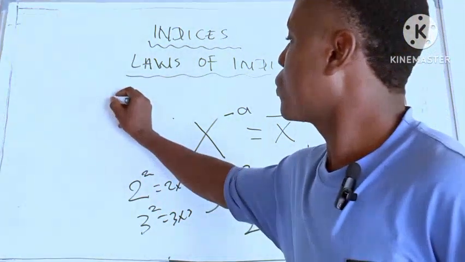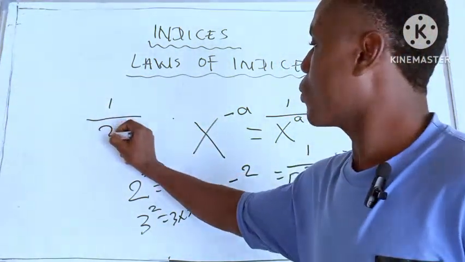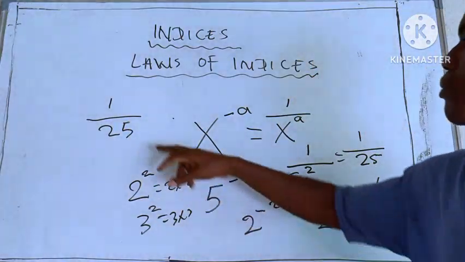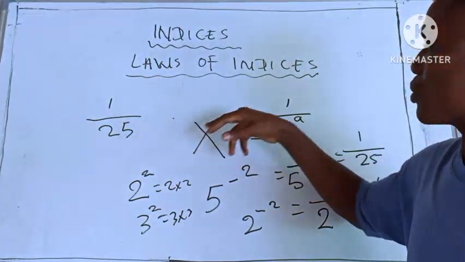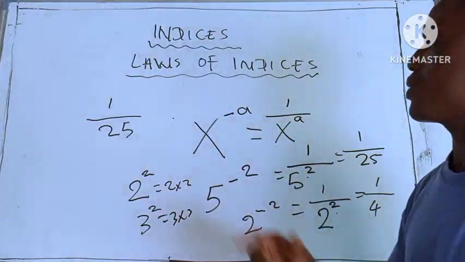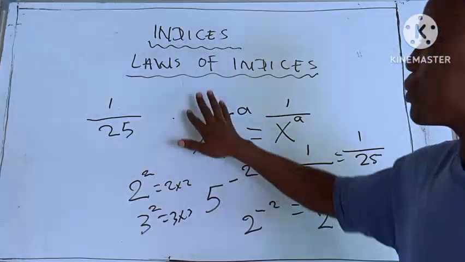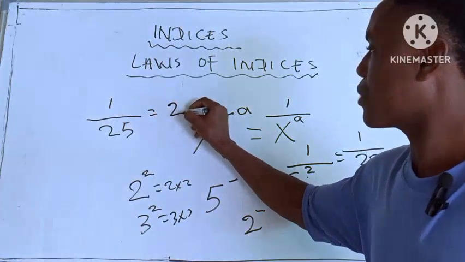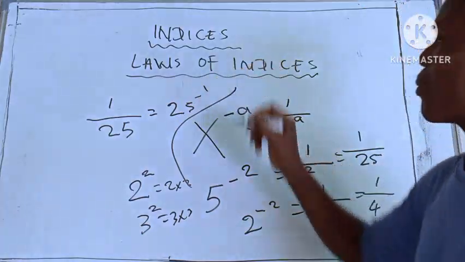Now I want to explain something. From the first answer, 1 all over 25, do you know we can still change this back to this form? Yes, we can. It will now be equal to 25 raised to power 1.